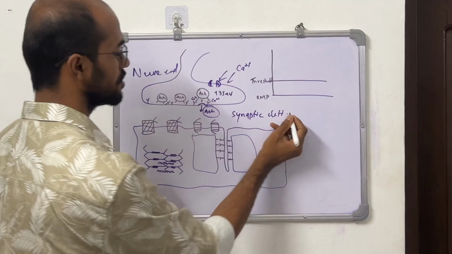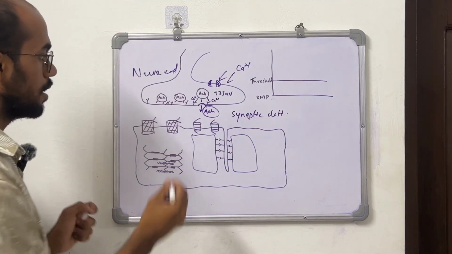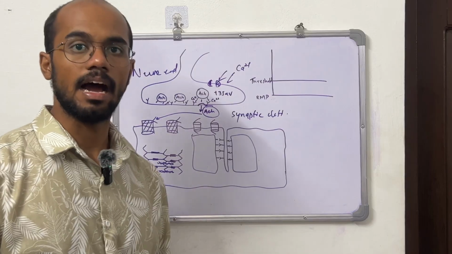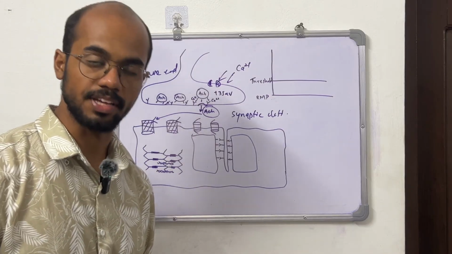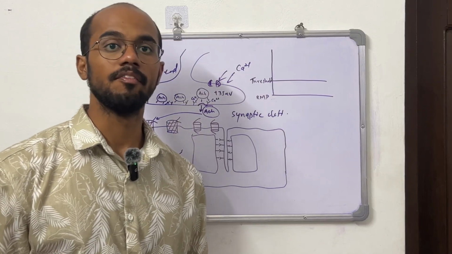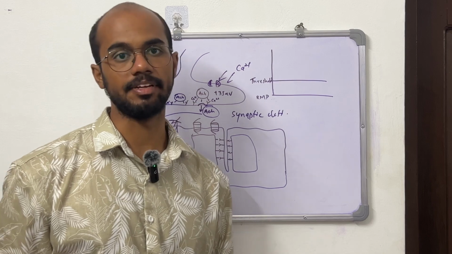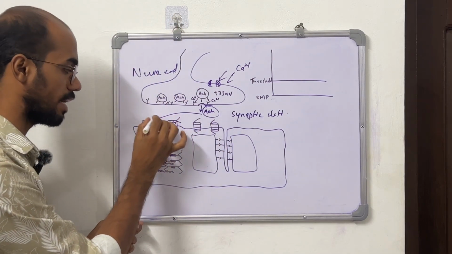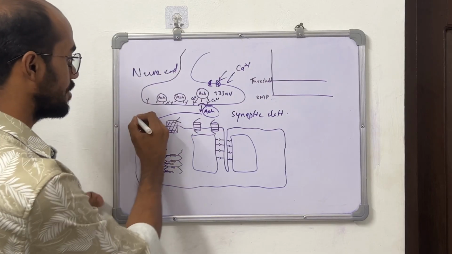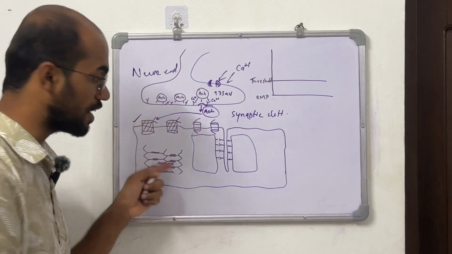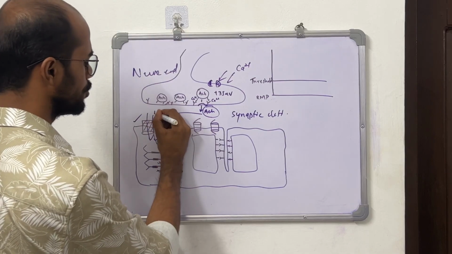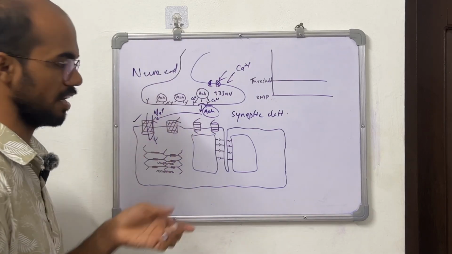Now, what does acetylcholine do? Acetylcholine binds to the ligand gated ion channel, or more specifically the nicotinic receptors, which need acetylcholine to activate. So acetylcholine binds to this nicotinic or ligand gated ion channel and activates the channel. And when these channels are activated, what happens? There is an influx of sodium into the muscle cell, right?